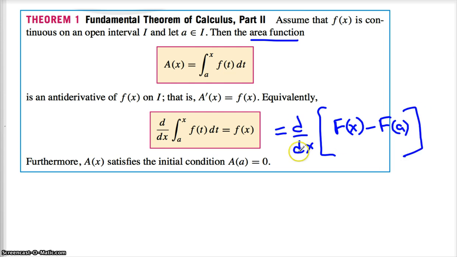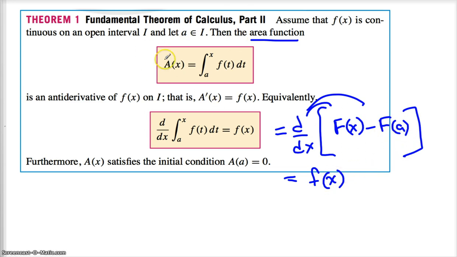And then when you take the derivative, you use a distributive property here. The derivative with respect to x of the antiderivative, we get back to the original, which is f at x. And when you take the derivative of this number, now this is a constant, and the derivative of a constant is 0, so this disappears. So that's what's happening here.